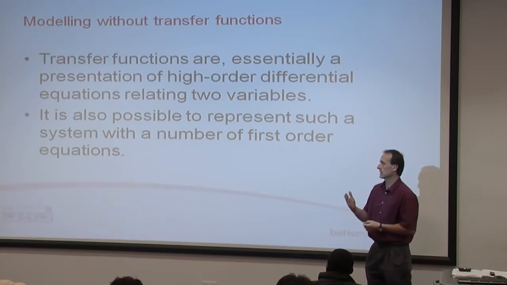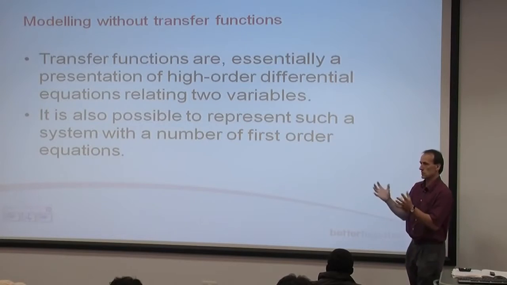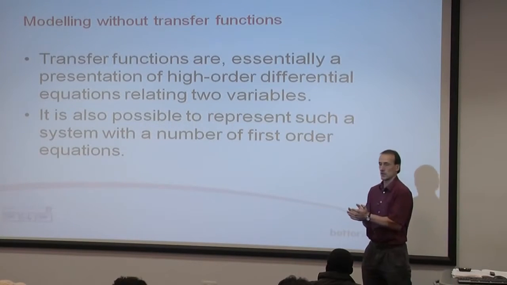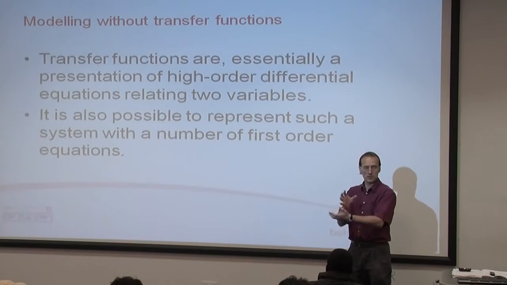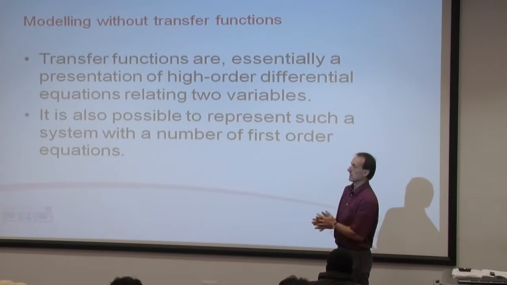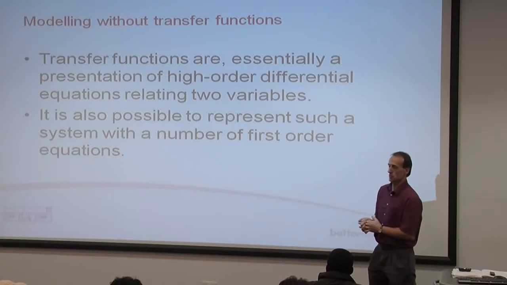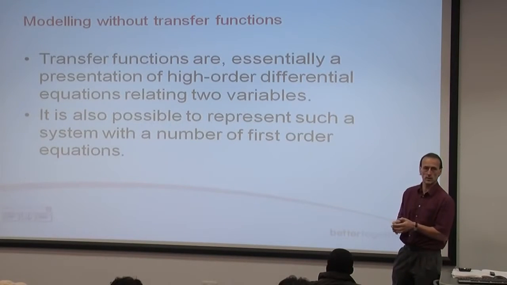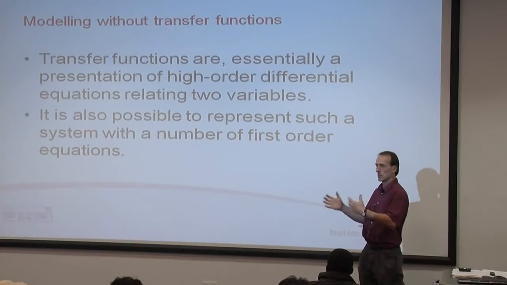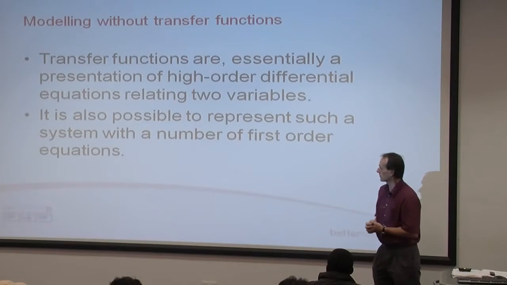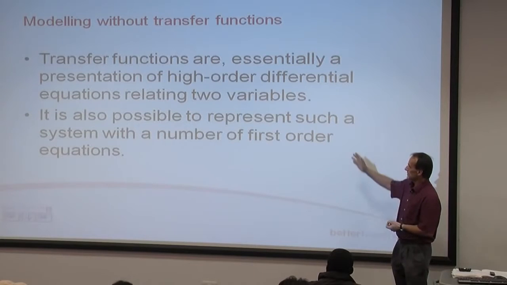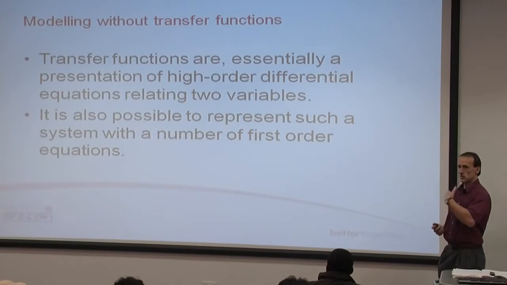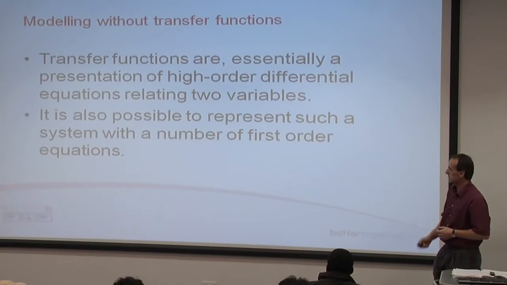If you think of something that has got a lot of control around it, something like a gas turbine engine sitting on an aircraft wing, there are so many different variables that all interact. Simply modeling it as a transfer function is really way too restrictive, because it doesn't allow us to look at the effect of multiple inputs and multiple outputs. So part of the reason that we look to this different modeling method is to give us a bit more flexibility.